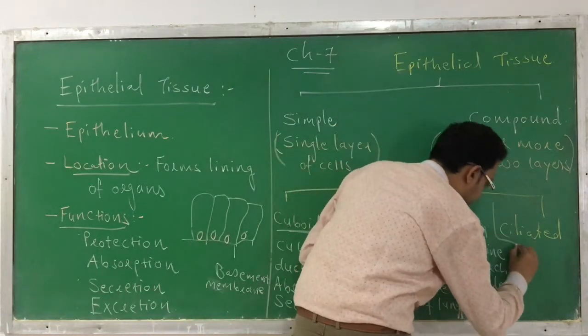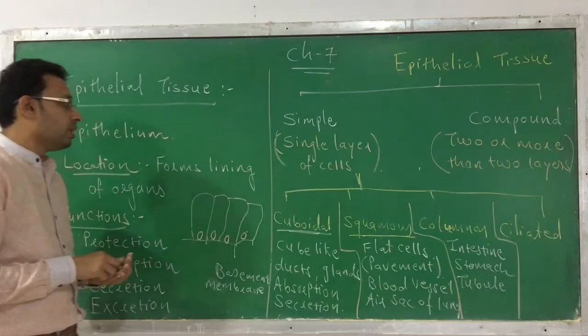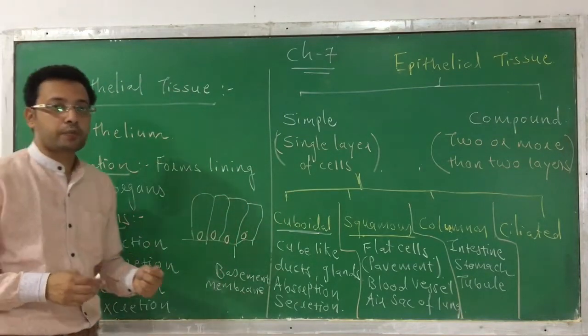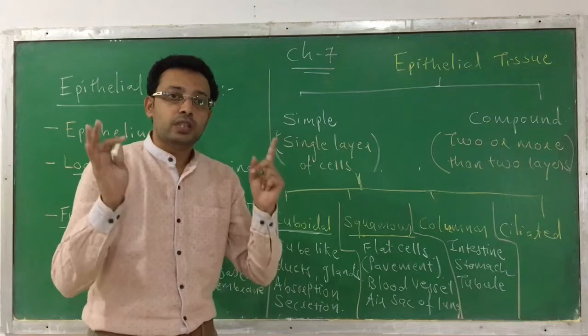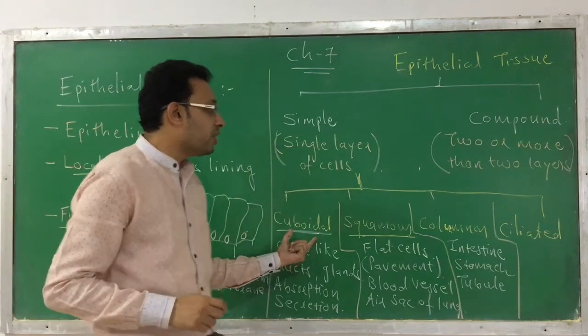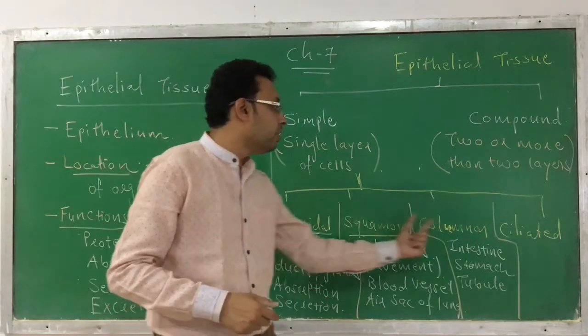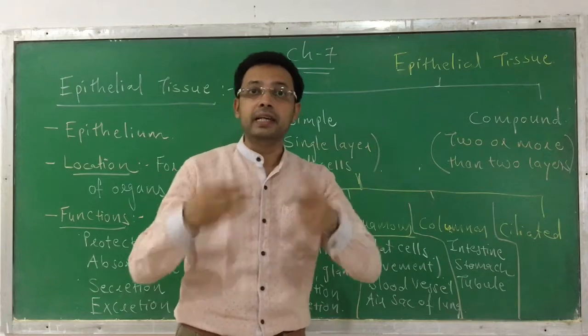Now the fourth type is called ciliated epithelial tissue. So what is ciliated epithelial tissue? The shape of the cells in the ciliated epithelium is either cuboidal or columnar, meaning the shape of a cell is like a cube or a column, like a pillar.